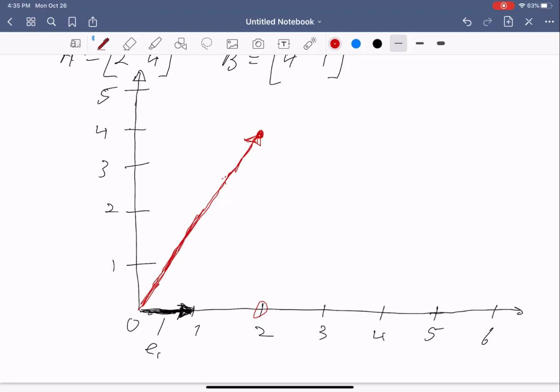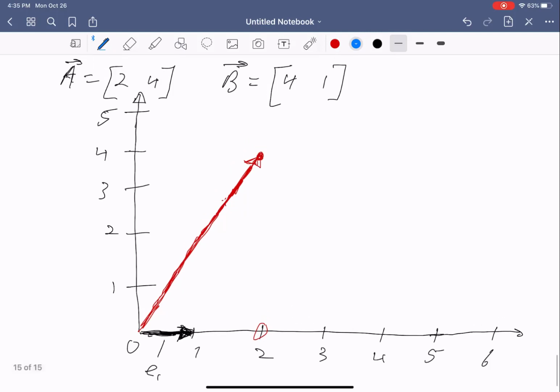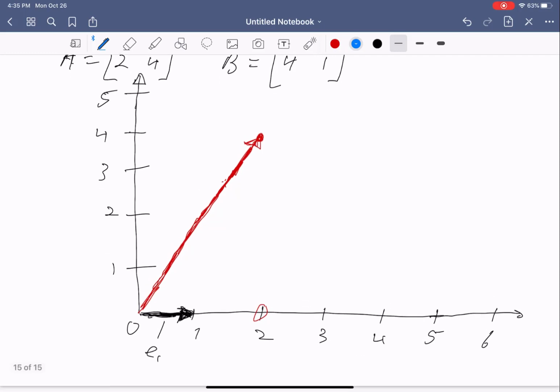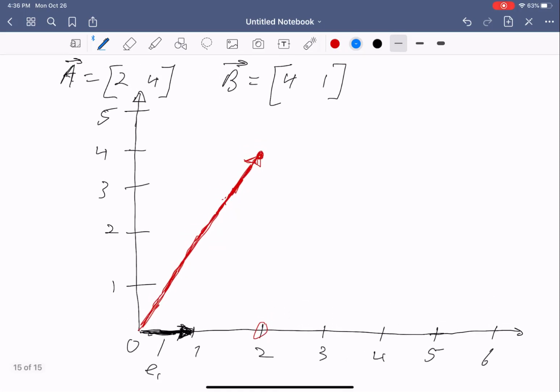Let's highlight that a little bit, make it a little thicker so it's a little clearer. And then let's use a blue to look at vector B. Vector B goes out for 4, goes to here, and then it goes to 1. So we can look at it here, and it's the point right there.